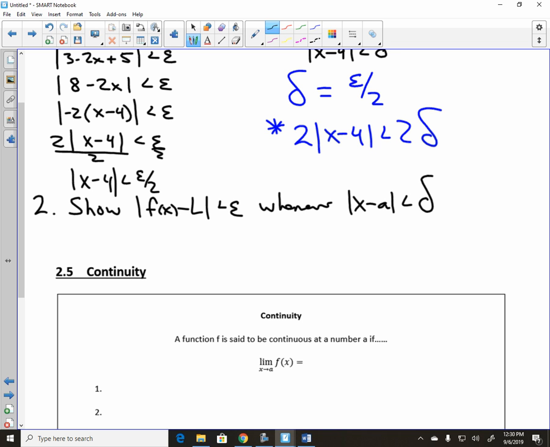We're going to show that that is true because, again, the precise definition of a limit says the limit exists if for every epsilon greater than 0, there's a delta greater than 0 that satisfies this piece. We have chosen a delta. What's our delta? Epsilon over 2. We're going to show that that epsilon over 2 satisfies this. So I write what?